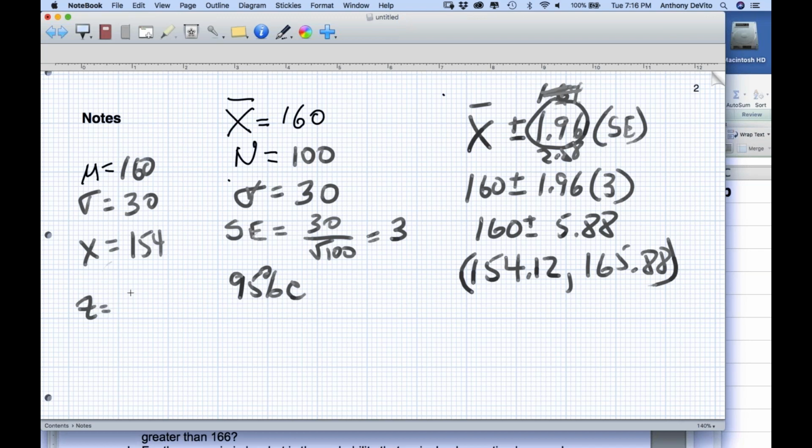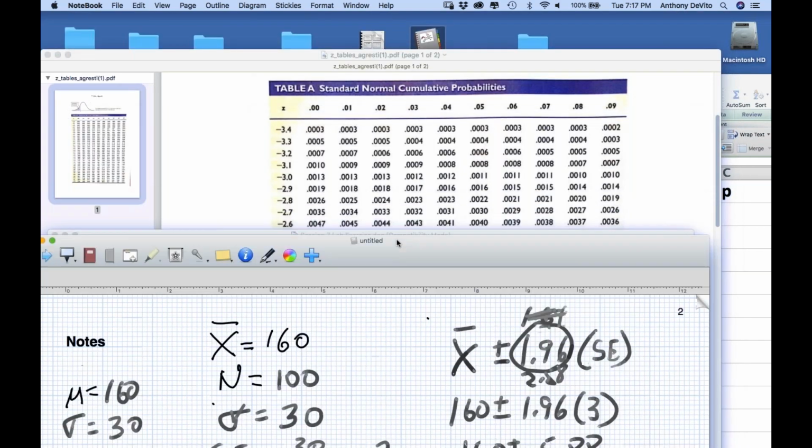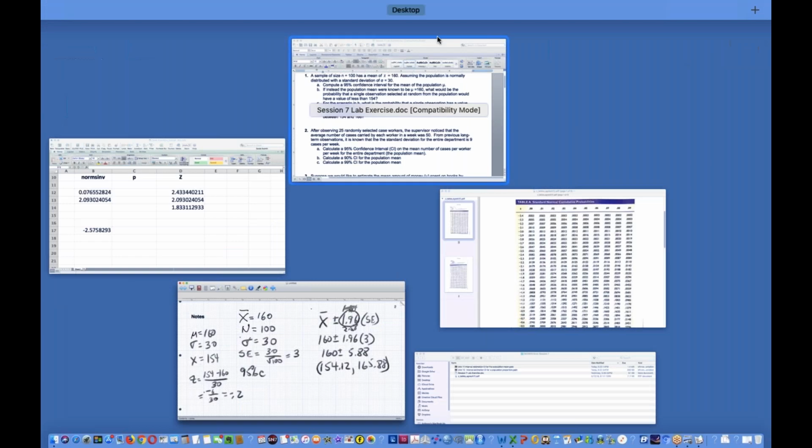Well, z is equal to 154 minus 160 over 30, which is minus 6 over 30, which is equal to minus 1/5, which is negative 0.2. So the z-score is negative 0.2. Now do I want the probability of being more than that or less than that? Anybody remember?